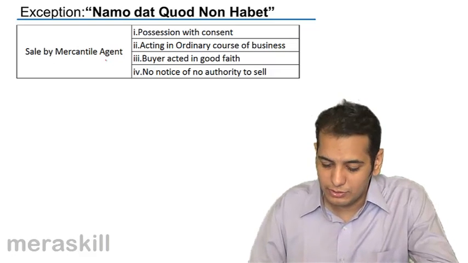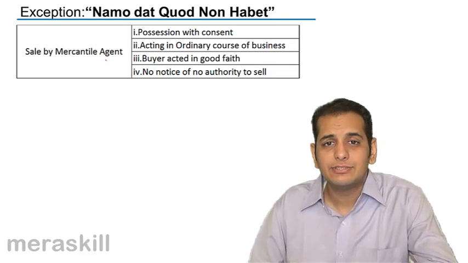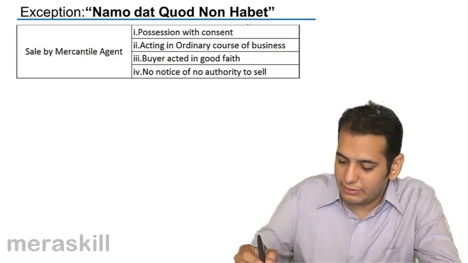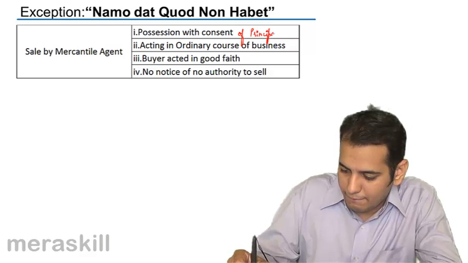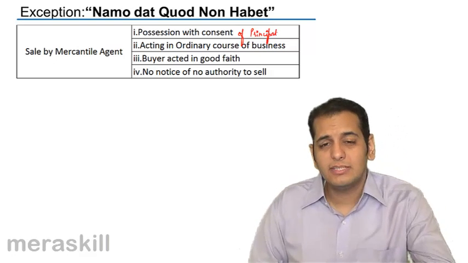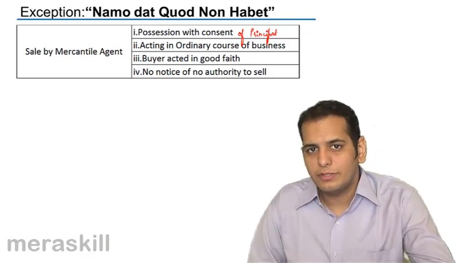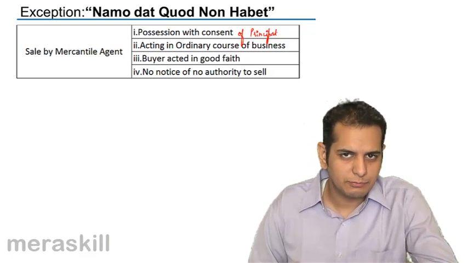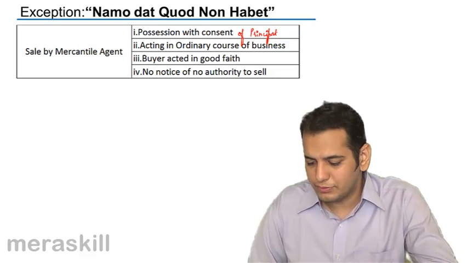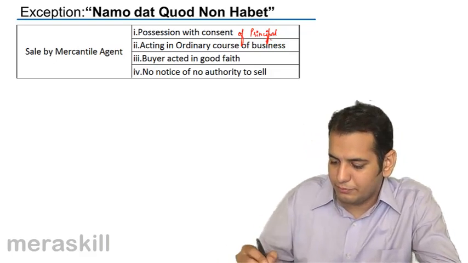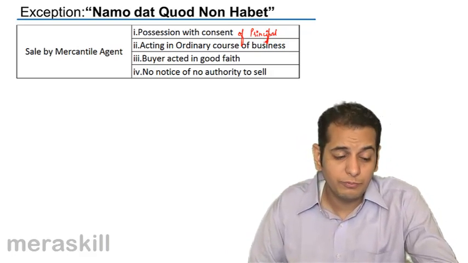First of which is possession with the consent. The mercantile agent possesses the goods with the agreement, with the authority, with the consent of the principal. Second, he should be acting in the ordinary course of business. Now, what do you mean by ordinary course?